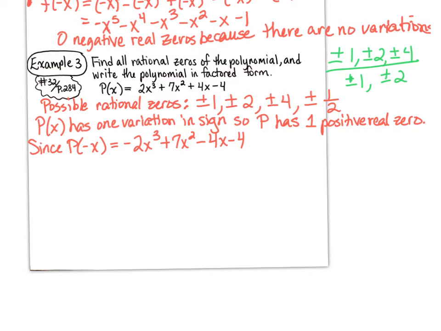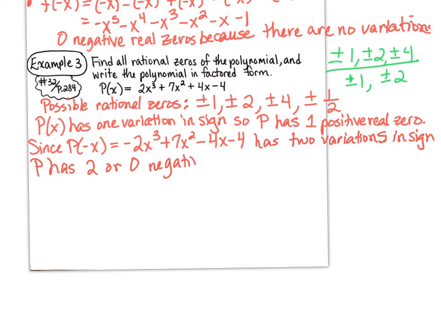Okay? So since P of negative x has 2 variations in sign, P has 2 or 0 negative real zeros.